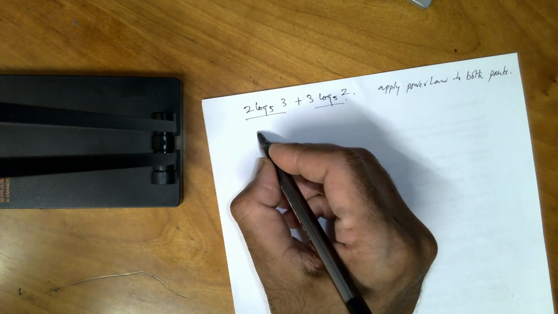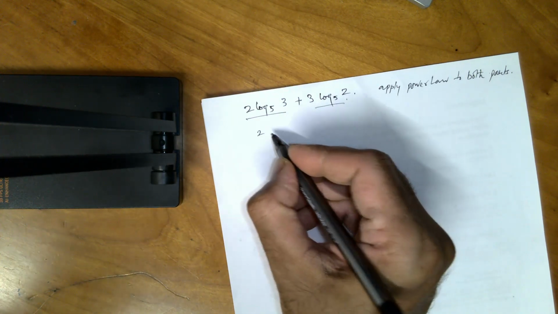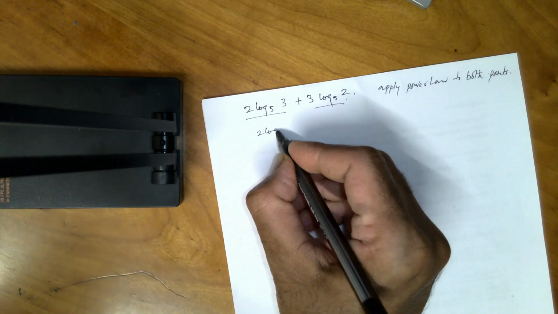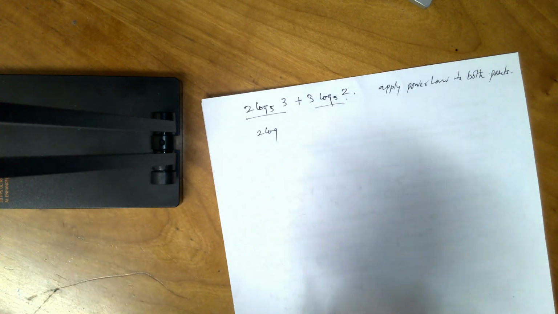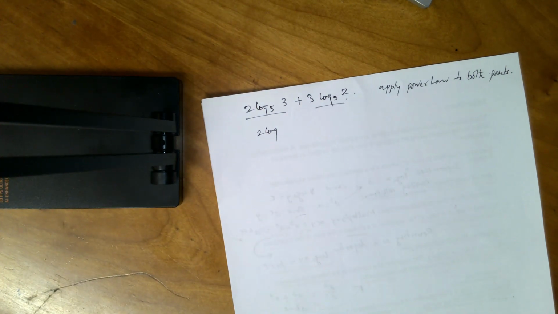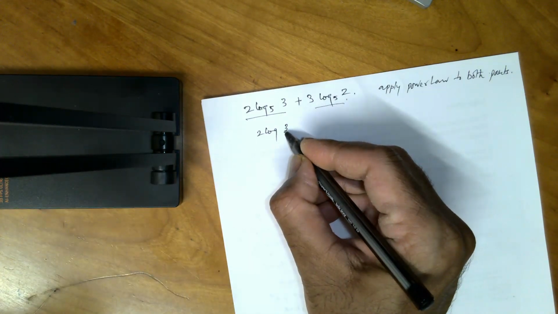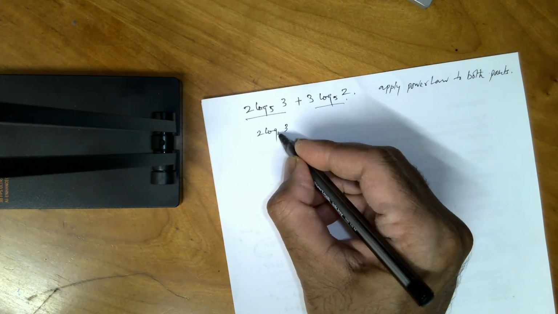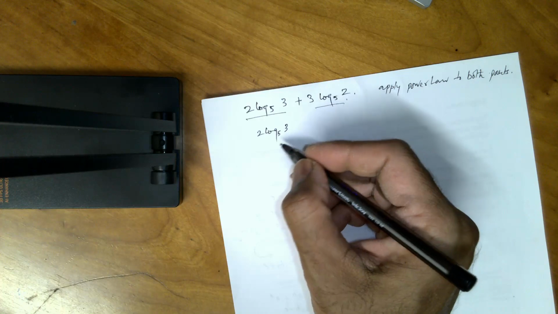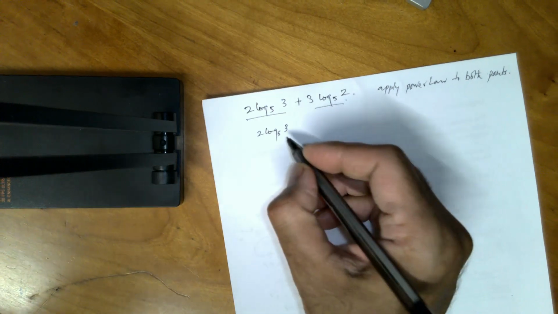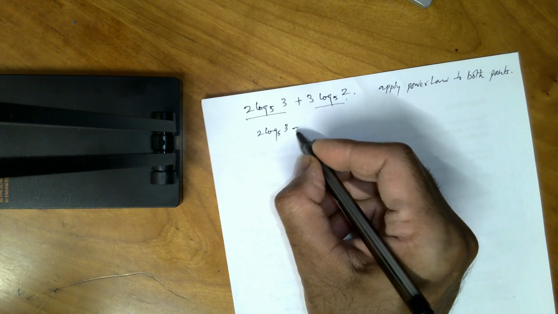You have here 2 logarithm of 3 to base 5. Let's take this first.